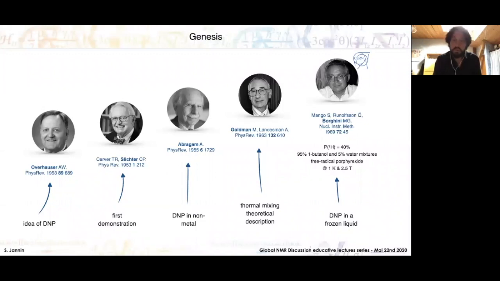They used porphyrexide, which was already a nitroxide radical. And they did DNP at 1 Kelvin and 2.5 Tesla, and they obtained about 40% polarization on protons. So if you go back to this paper, you'll see that it's actually very, very close to what we're doing today. And it was done more than 40 years ago at CERN in Geneva.